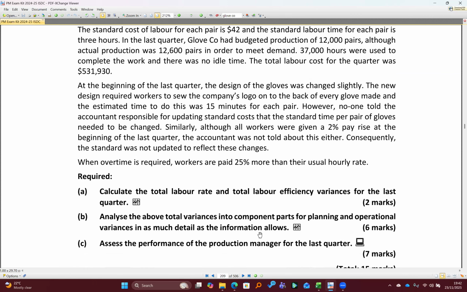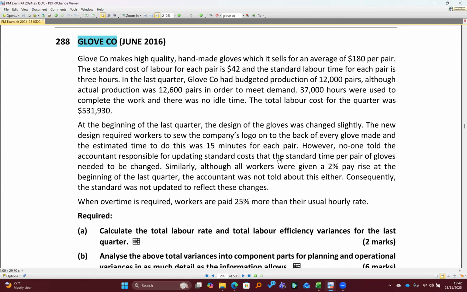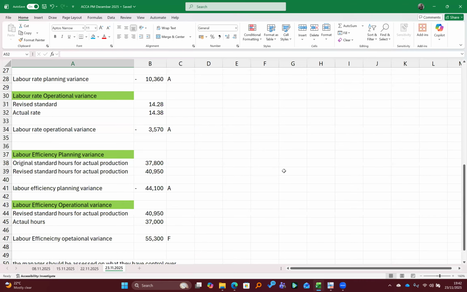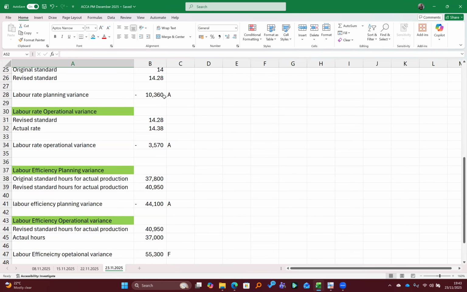But the production manager, you need to know what they are responsible for because they are only in the production facilities. So, perhaps this badge that they are saying we should add is not in their control. And if it's not in their control, then you cannot blame them for this 10,360 adverse because that was created because of the planning change.